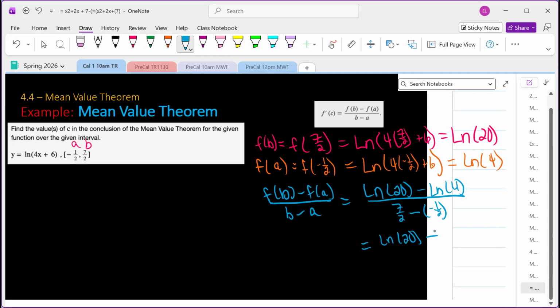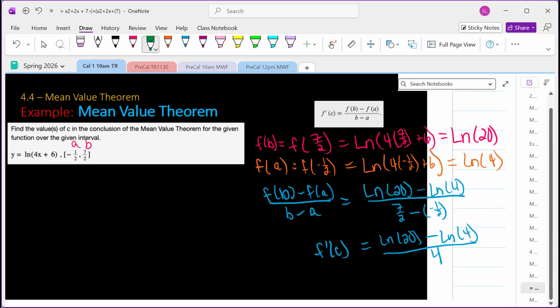So the natural log of 20 minus the natural log of 4 all over just the number 4. This is what f prime of c, our derivative, is supposed to be equal to.